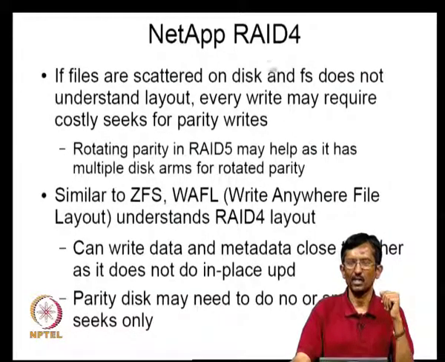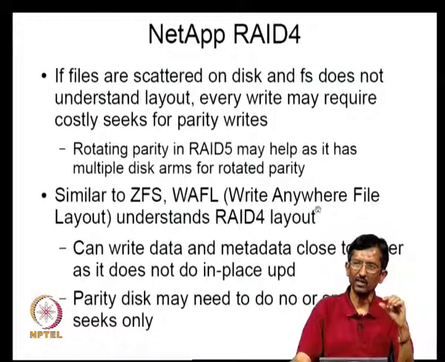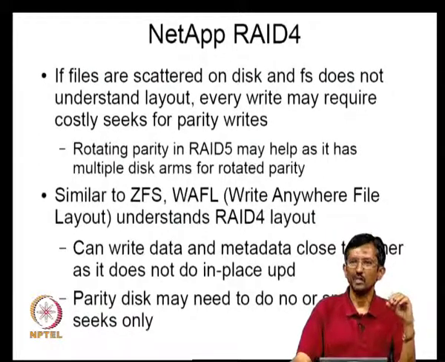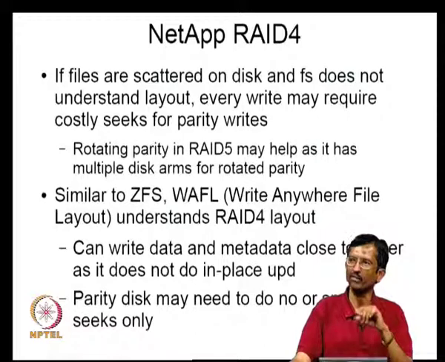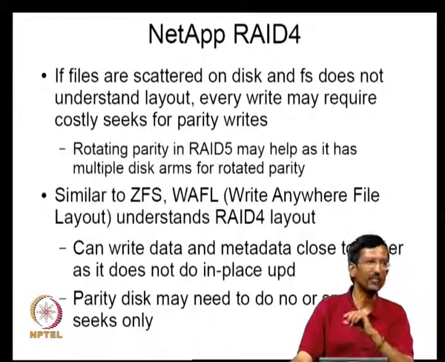So what NetApp has done is, because they have this notion of write anywhere. Basically what it means is that whenever they are doing any bunch of writes temporally together, they will all be hitting very close by areas, and the parity disk areas will also be close enough.